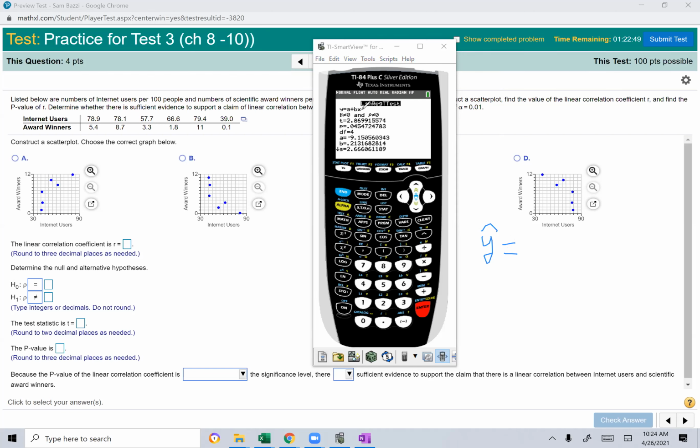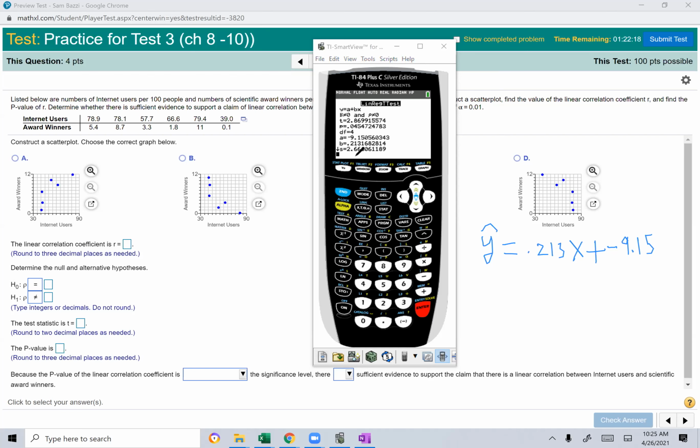It says here A plus BX, so you must attach the B to X. What some students did, they attached the A to X and wrote it as AX plus B. No. So B is 0.213 X plus A, which is negative 9.15, for example.